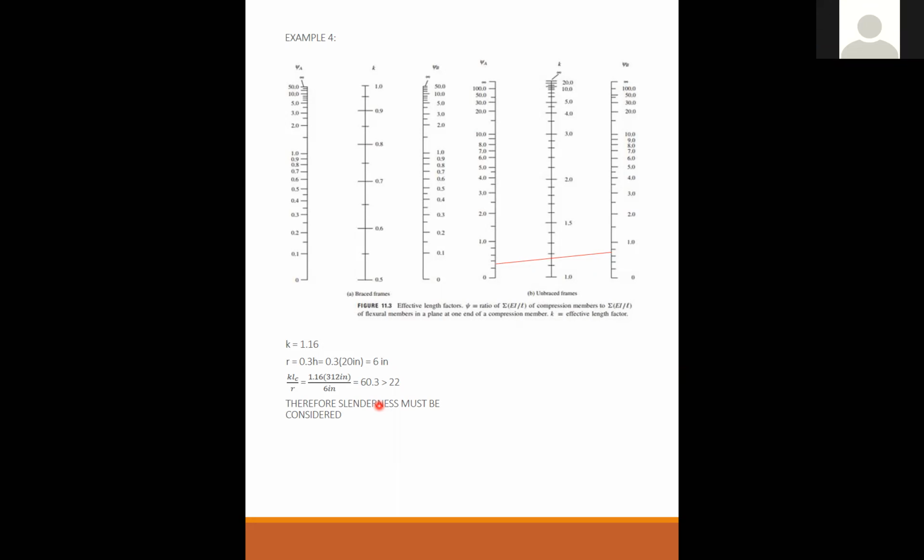Professor, could we say that the beta ds is 0 because it's not braced? Is that a possible way of thinking about it? No. Beta ds, or beta dns, is the ratio of sustained to total. There are some places in this whole procedure where you look at the ratio of sustained axial load to total axial load, and it's never going to be 0 at that point.